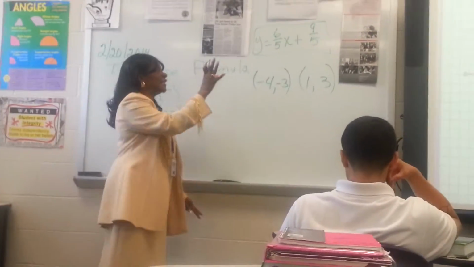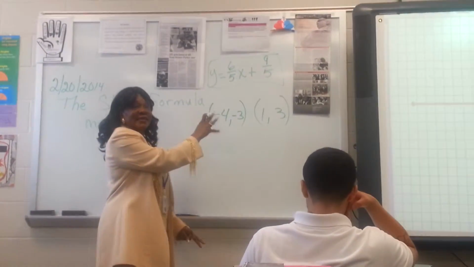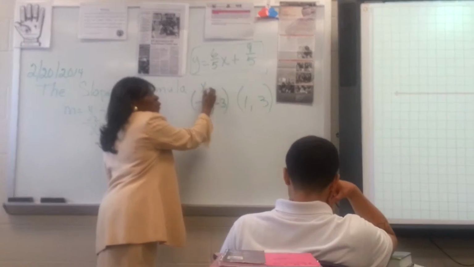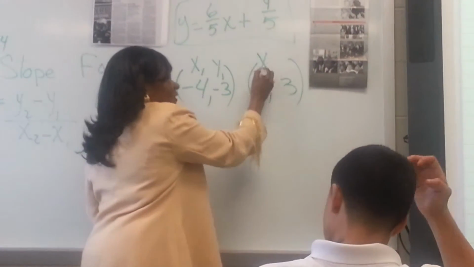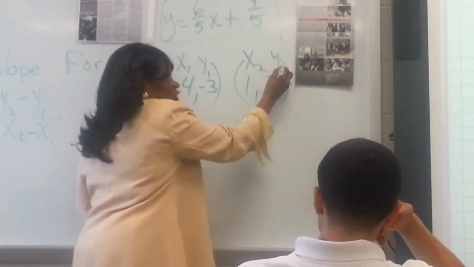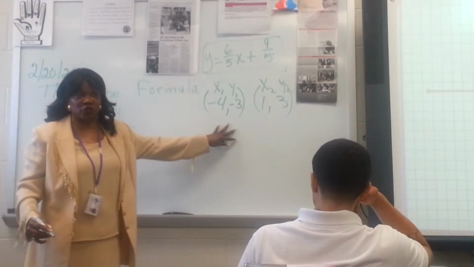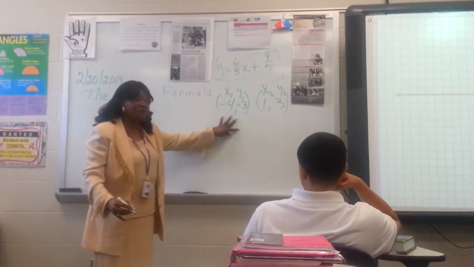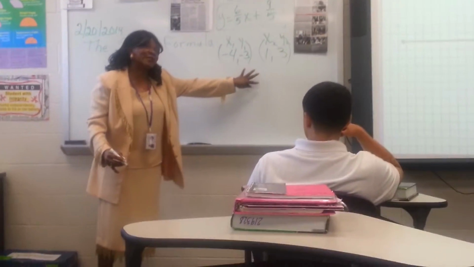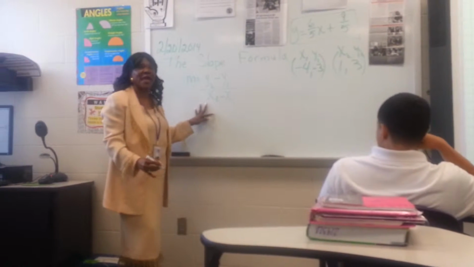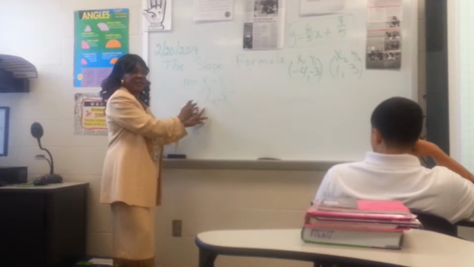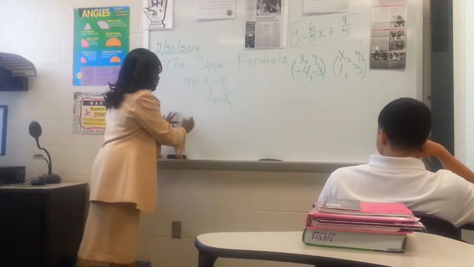And that means I need to label or identify x sub 1, y sub 1, and then what? X sub 2, y sub 2. That's the second step that you need to look at. Identify your ordered pair, because once I identify the ordered pair, I can just come right over here to my formula and substitute those numbers in to the formula. Let's do it together.